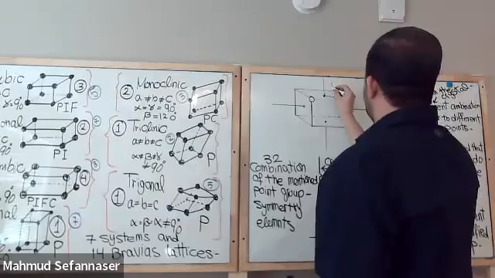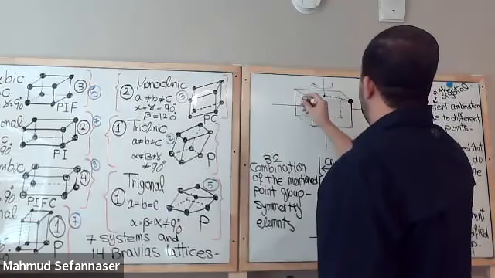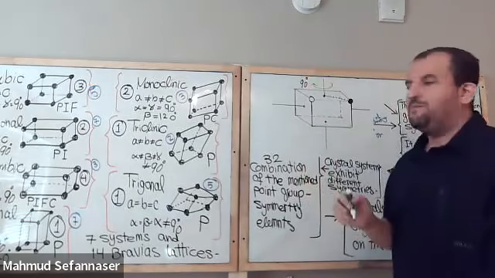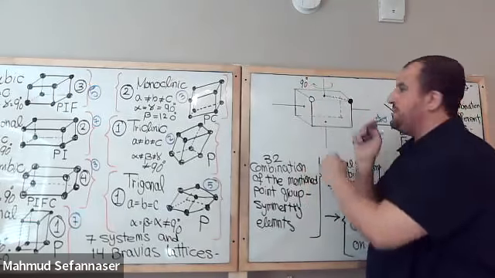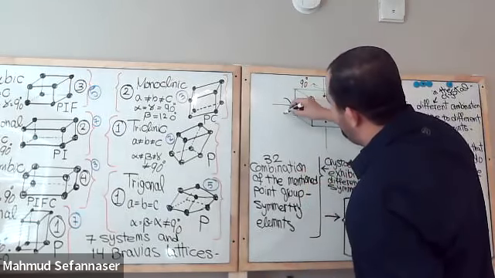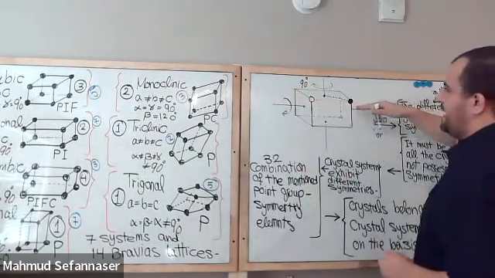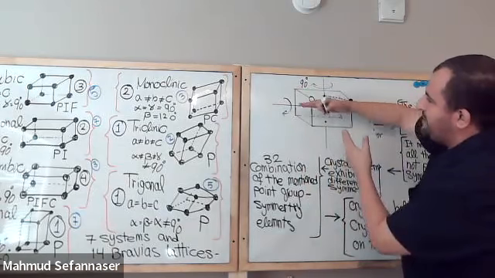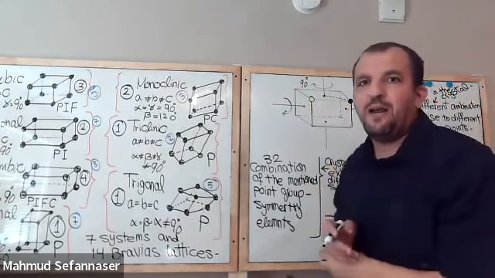So let's try to do that. Firstly, I rotated the system like this with a 90 degrees angle. Now I'm going to rotate the system around this rotational axis, also by 90 degrees.